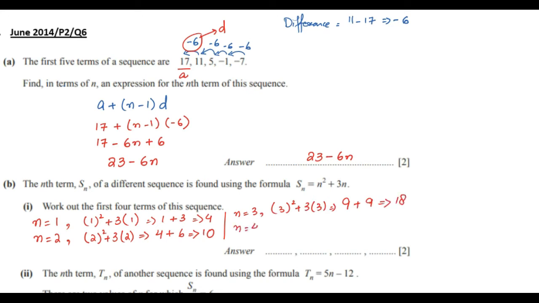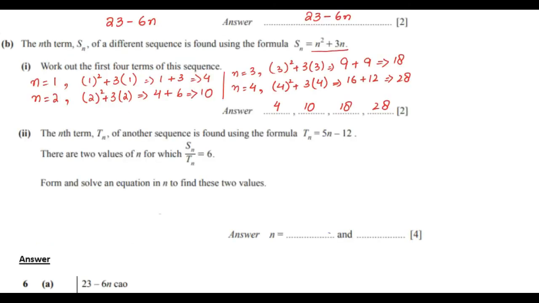When we substitute n as 4, it will be 4 square plus 3 multiplied by 4. So 4 square is 16 plus 12. When we add these two, it's 28. So the first, second, third and fourth terms of this sequence are 4, 10, 18 and 28. When you find these 4 values, you will get 2 marks for this part.